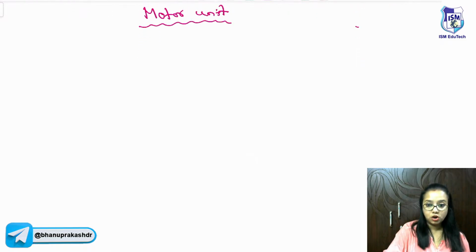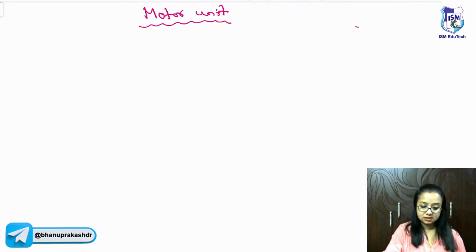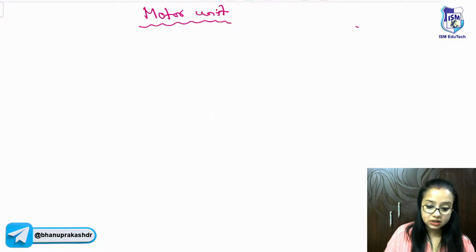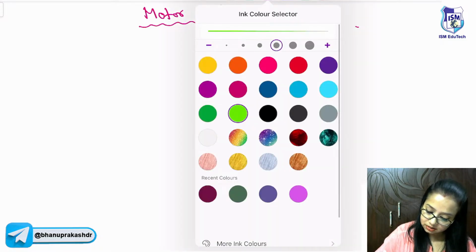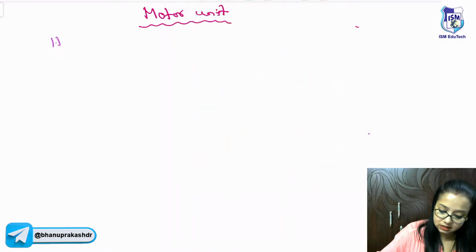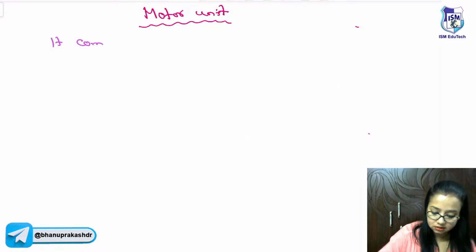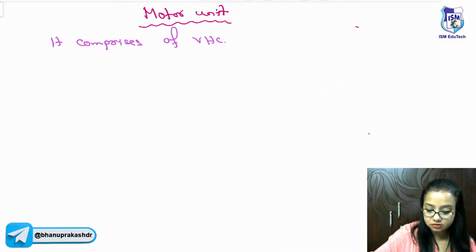So, what exactly is a motor unit? The motor unit comprises of certain parts. Like it comprises of ventral horn cell, right? It comprises of ventral horn cell.